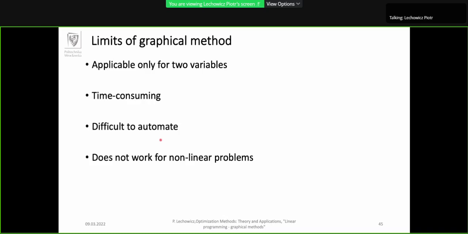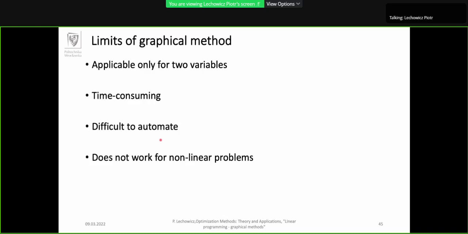And the other constraint is that it doesn't work for nonlinear problems. It is because for linear problems, the function is predictable and we can move the level lines. In nonlinear problems, it's not possible.